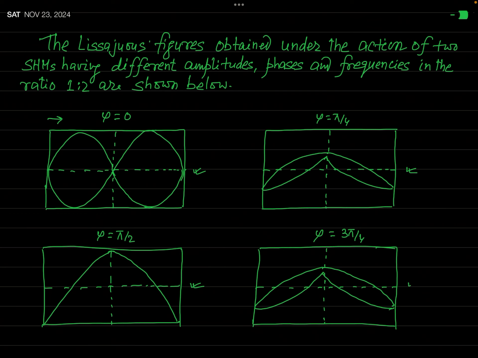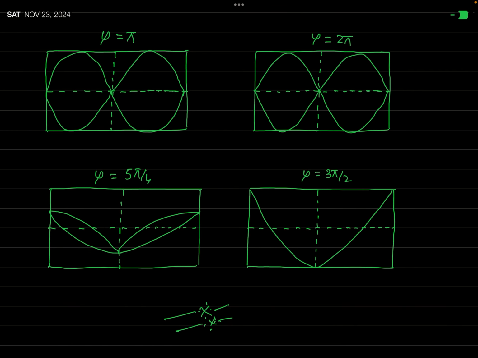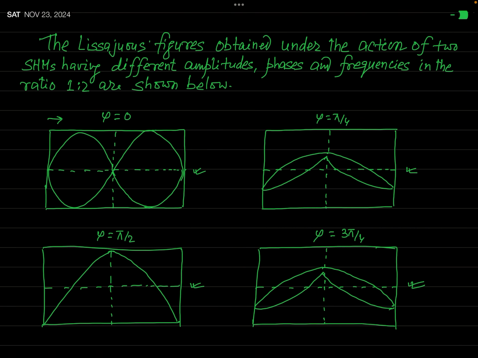When phi is 3 pi by 4, then again the Lissajous figure is the same as in the case of phi equal to pi by 4.